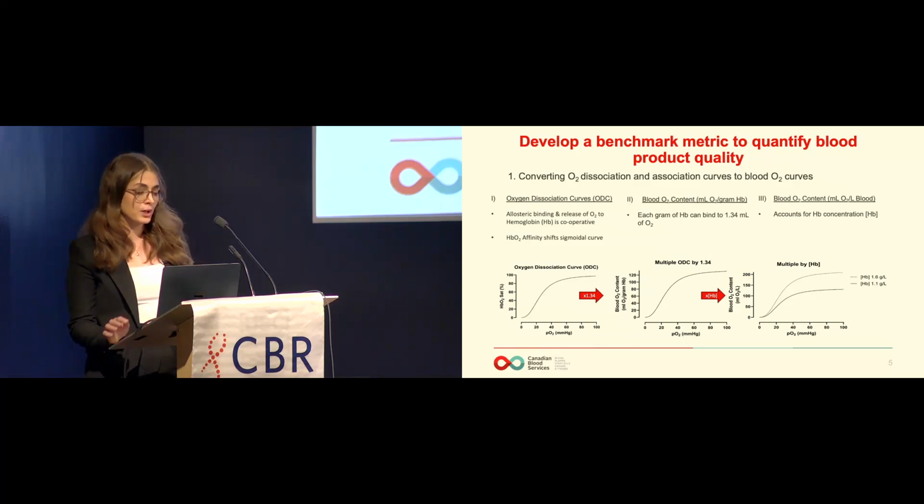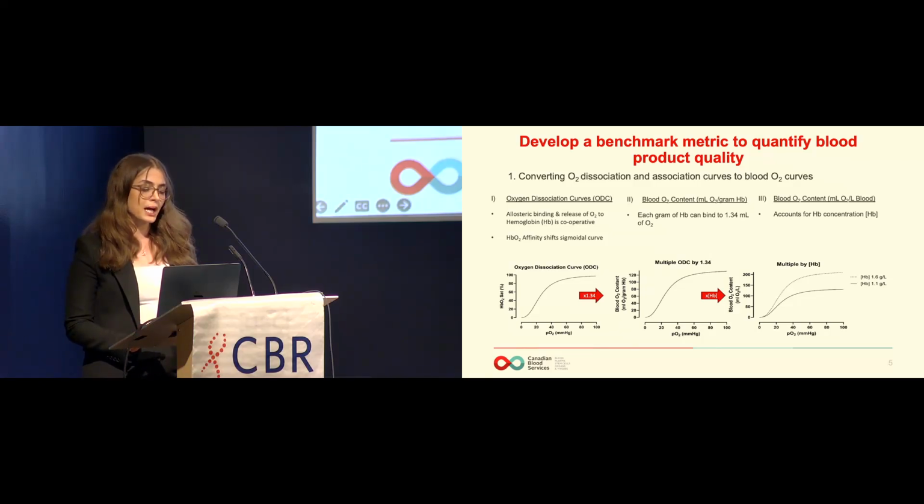But we can't say whether the oxygen delivery of a sample is higher or lower based on the hemoglobin oxygen affinity alone. So in terms of having a metric, we try to incorporate other factors like the hemoglobin concentration as well. First of all, we took these graphs from the red blood cells and multiplied them by 1.34, because each gram of hemoglobin can bind almost 1.34 milliliters of oxygen.